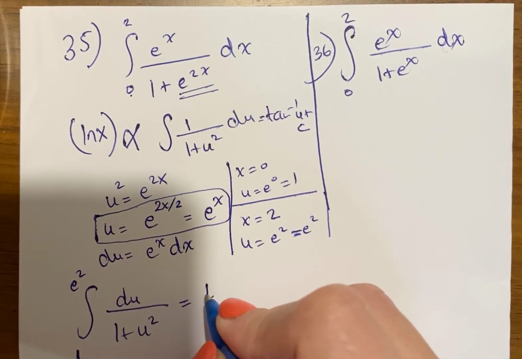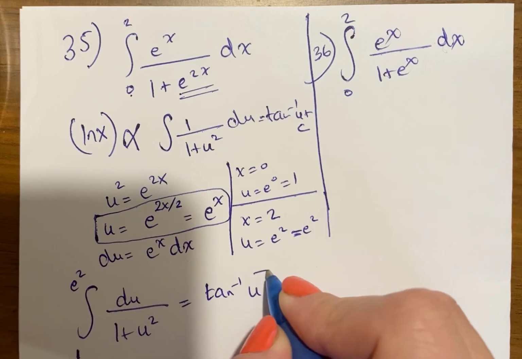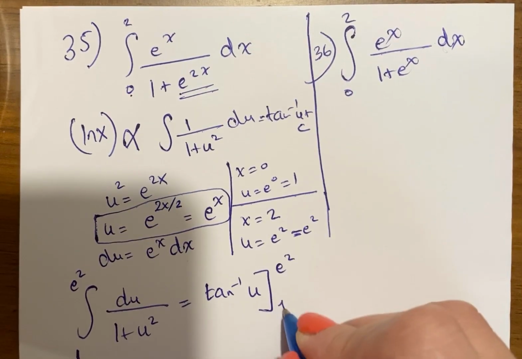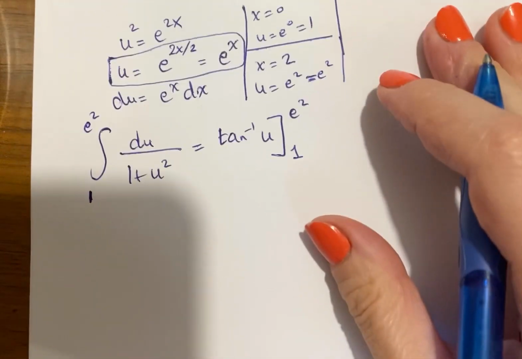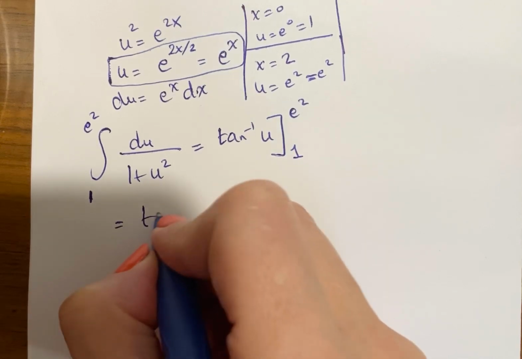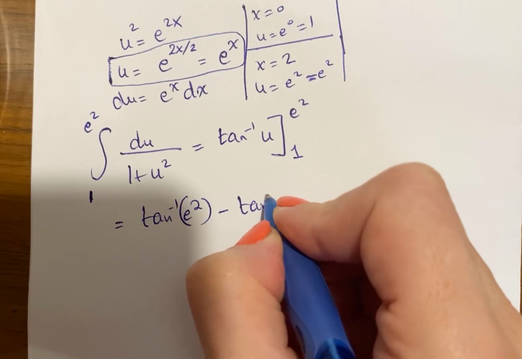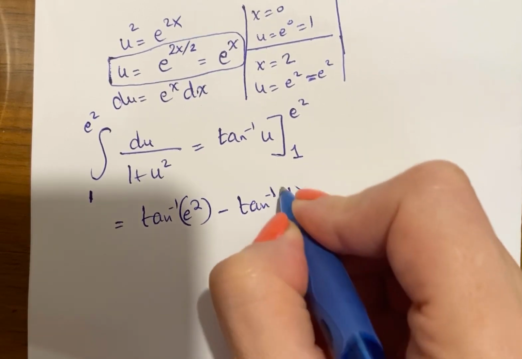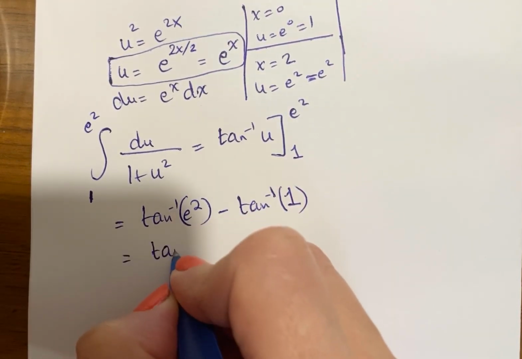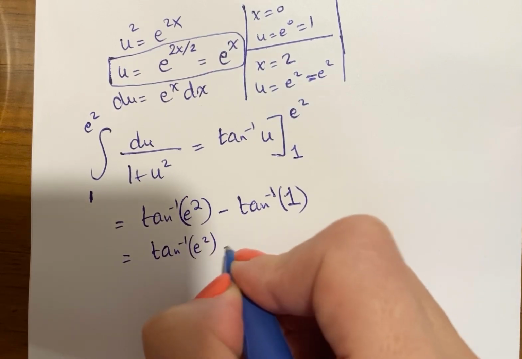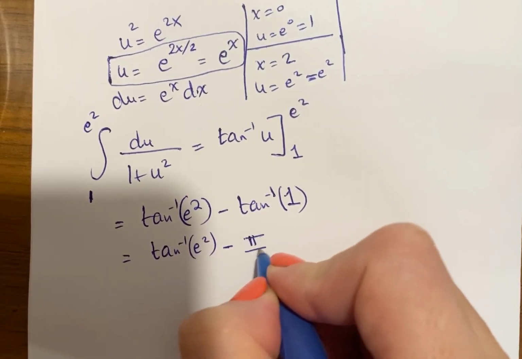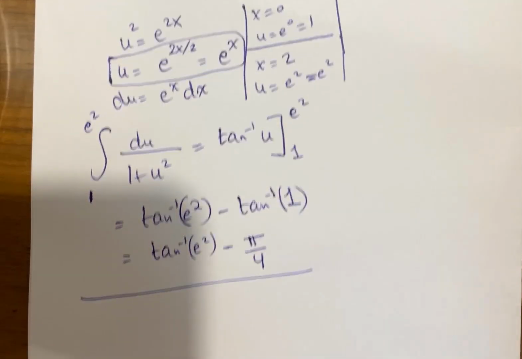So it becomes tan inverse u evaluated from 1 to e squared, which is tan inverse e squared minus tan inverse 1. Tan inverse e squared cannot be simplified, so we keep it as is. Tan inverse 1 is pi over 4. And this is the answer.